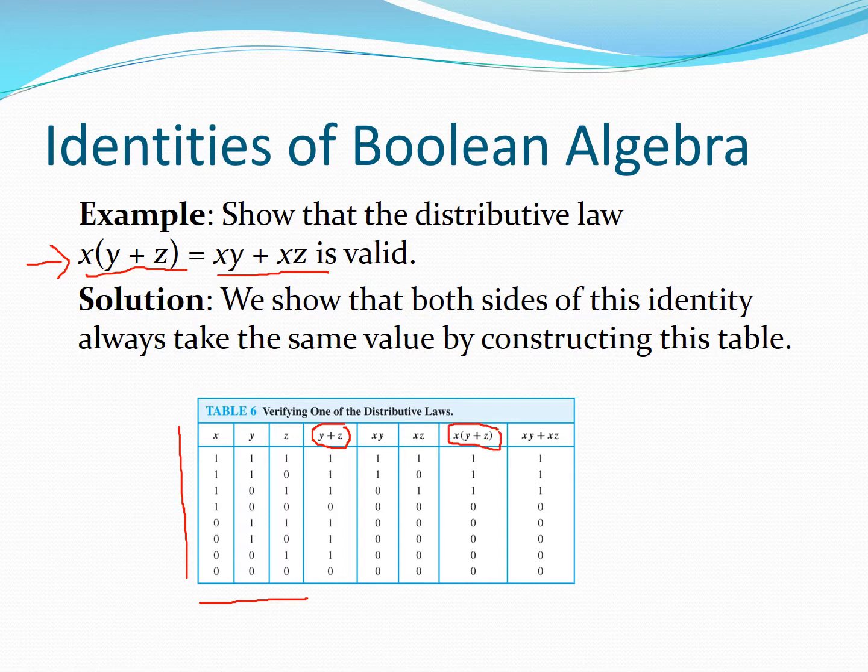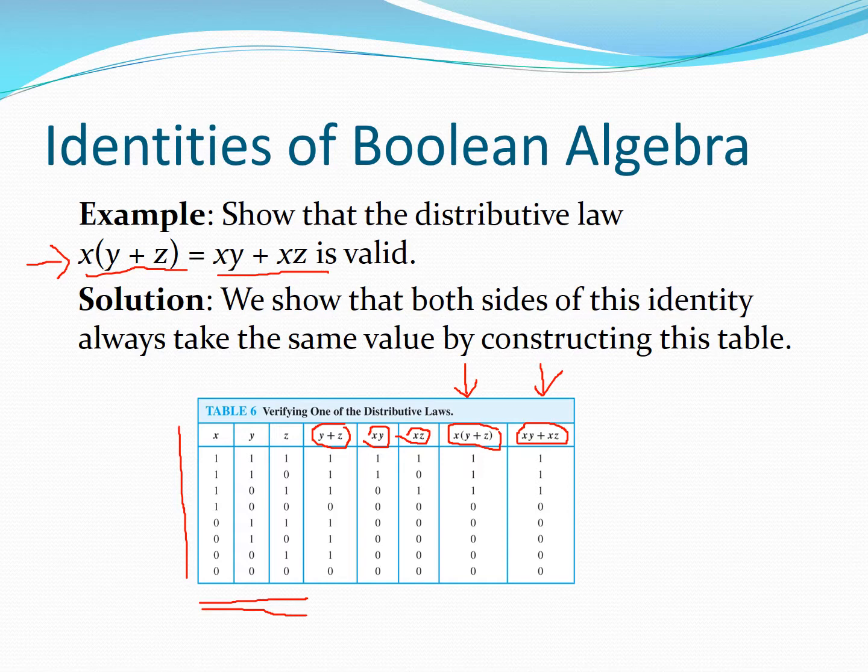And also we are going to do x times y, and we can do x times z, and then add both of these to give our right hand side, which is x times y plus x times z. So basically we need to show that this column is equal to this column for every combination, once again, for every combination of x, y, and z.